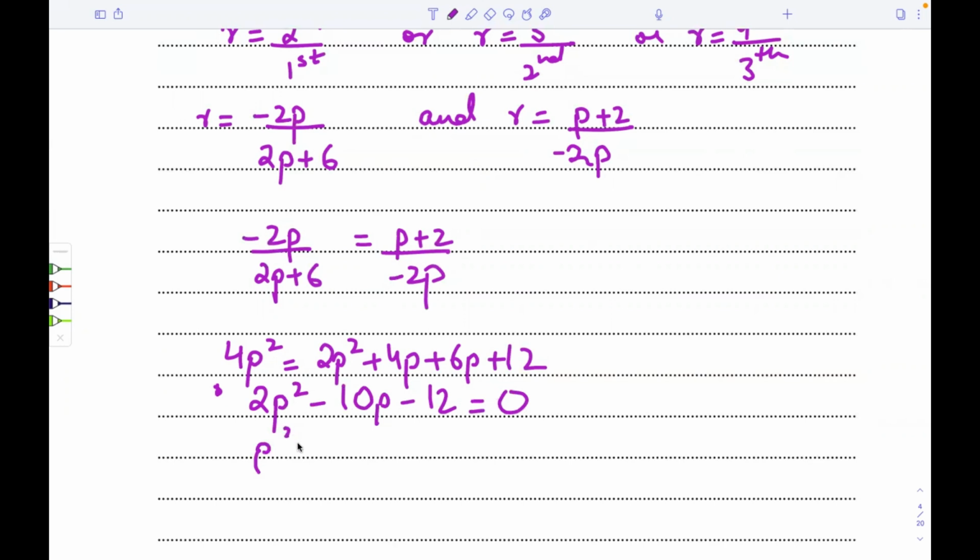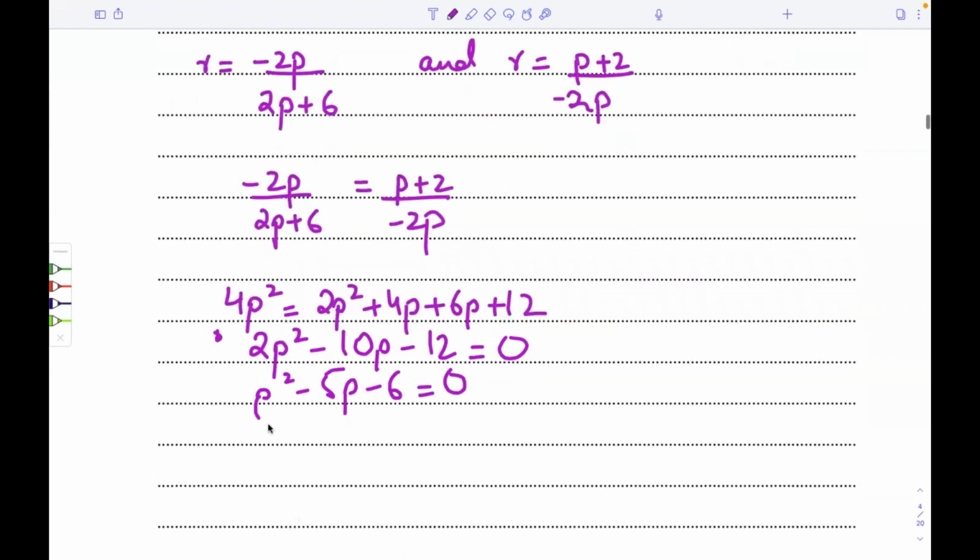We can write it as p squared − 5p − 6 = 0. Factorizing it, we get (p − 6)(p + 1) = 0. So the two values of p are p = 6 and p = −1.